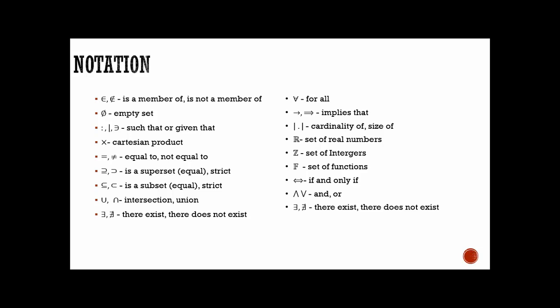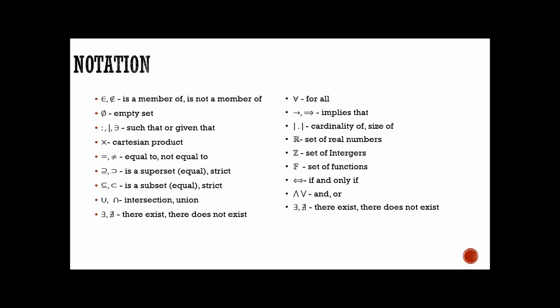So it's a subset. From stats, you know that this means intersection, well, the other way around, this is union, and this is intersection. This symbol right here represents that there exists or there does not exist something that satisfies that condition.